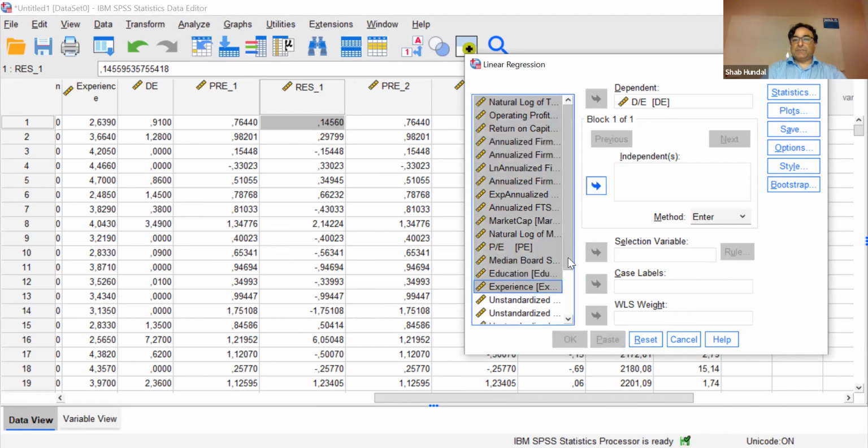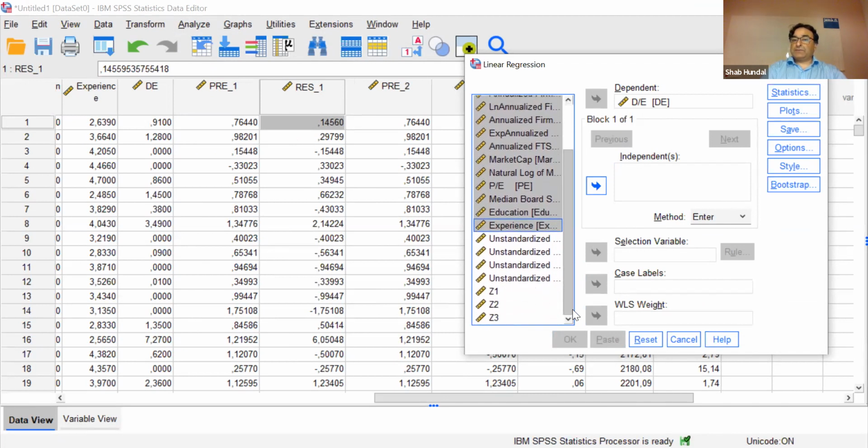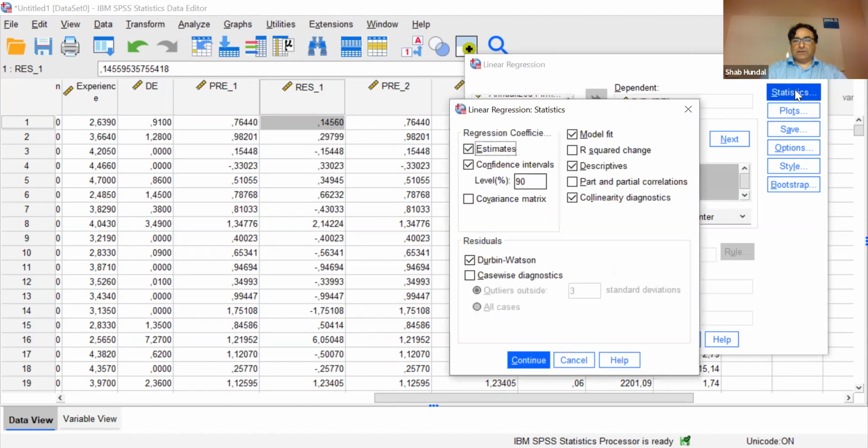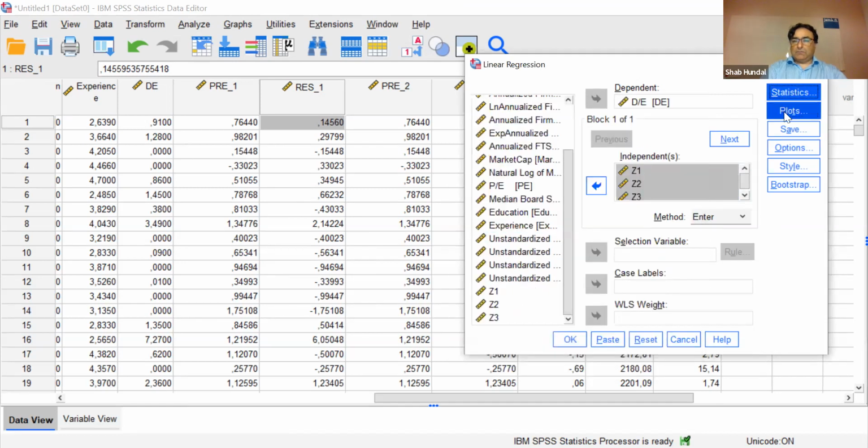And now we don't take the variables, we take the factors. So we only take factor 1, factor 2, and factor 3 and put them in the independent box. And here we find the statistics. Well, that's fine. Descriptive, Durbin-Watson. We don't need actually anything now. This is all good. And we click OK.